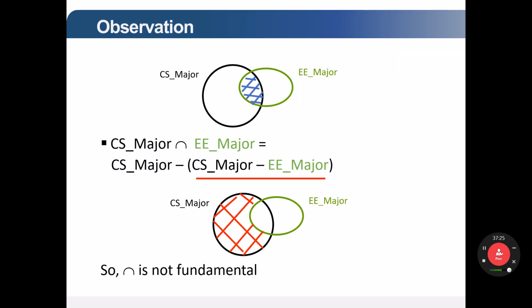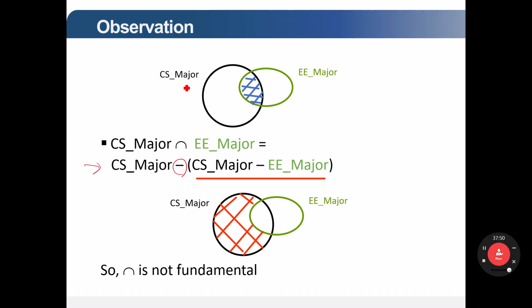So the question here is why set intersection is not a fundamental operator. It is because set intersection can be written using the set difference operator. Set difference is a fundamental operator, and intersection can be rewritten as follows.